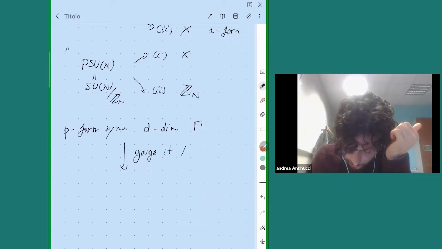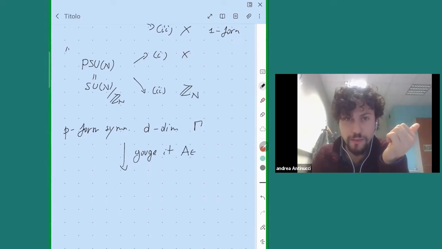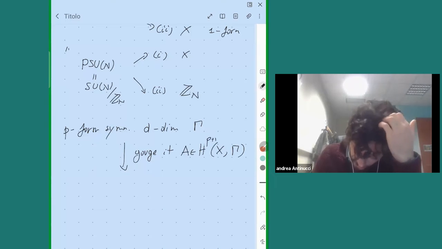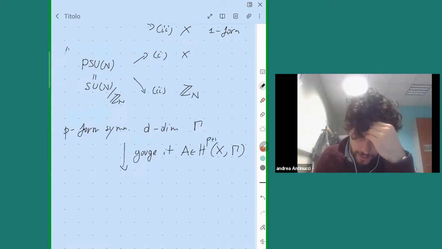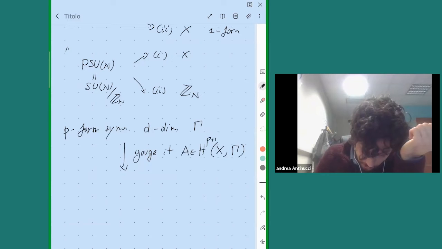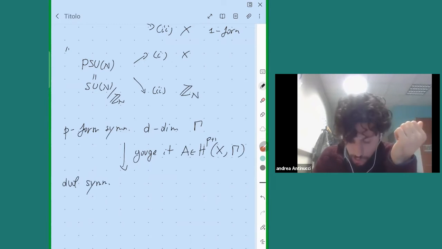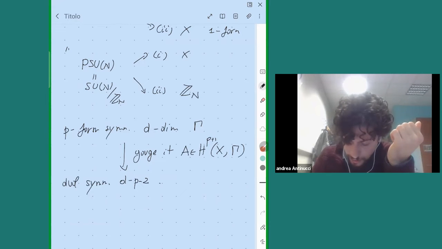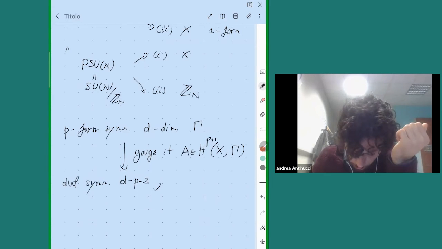For a zero-form symmetry, a gauge field is a one-form. For a one-form symmetry, a gauge field is a two-form, and so on. In general, it will be a p+1 form on the manifold valued in gamma. If you gauge it, you will get a theory with a dual or quantum symmetry, which is of degree d-p-2, and the group is again this group of characters.